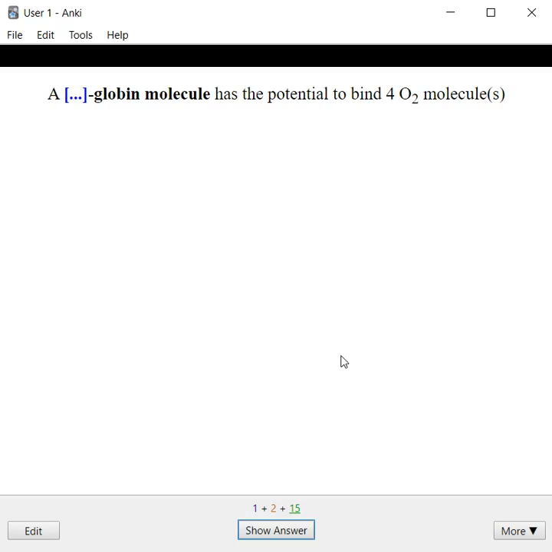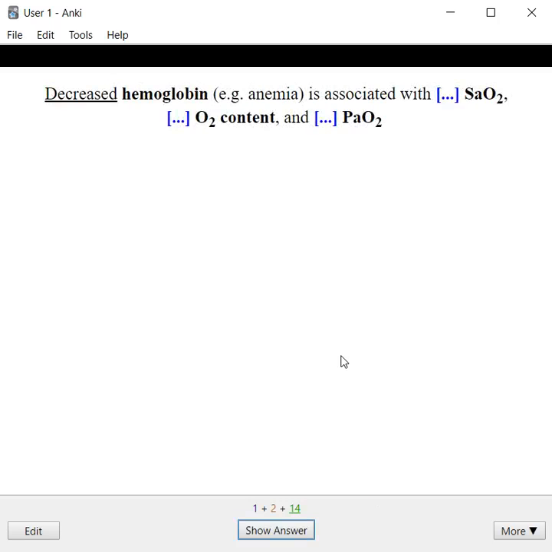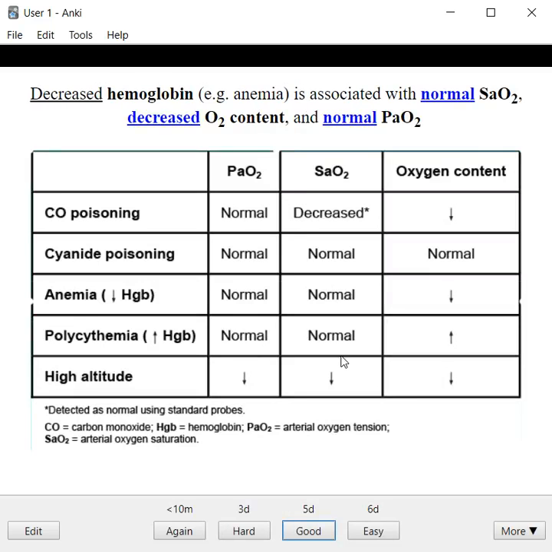A blank globin molecule has the potential to bind 4 oxygen molecules. Hemoglobin. Decreased hemoglobin, for example in anemia, is associated with what type of SaO2 or regular O2 and PaO2? So decreased hemoglobin is associated with normal SaO2 or serum O2, decreased oxygen content, and normal PaO2.